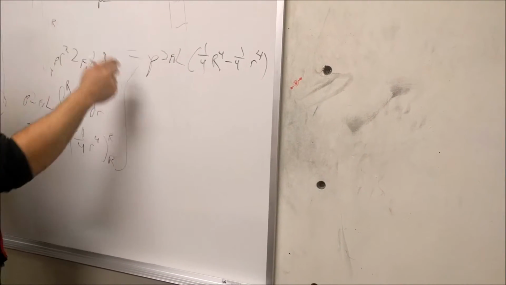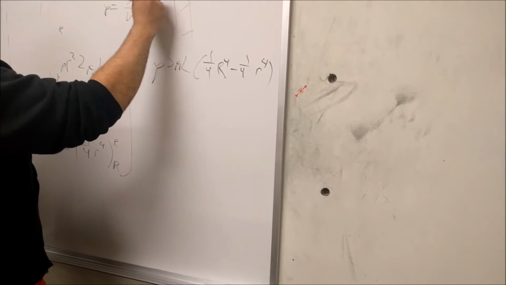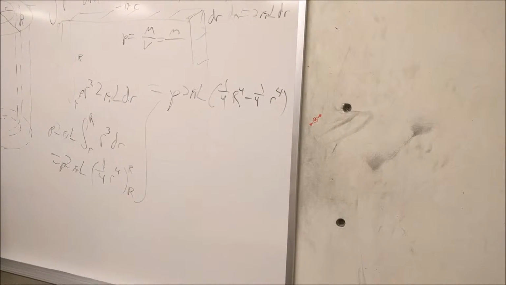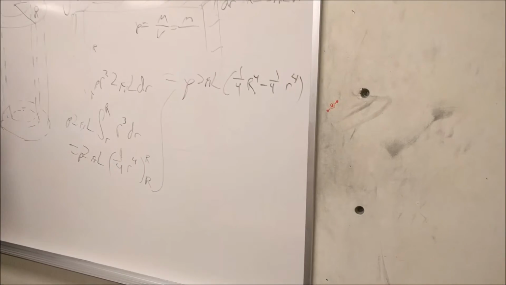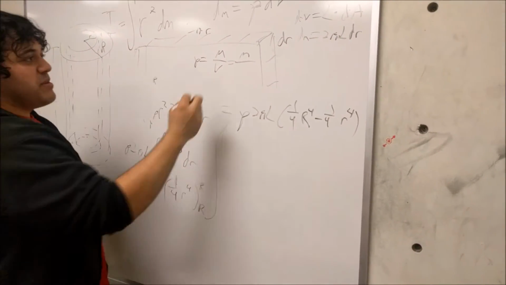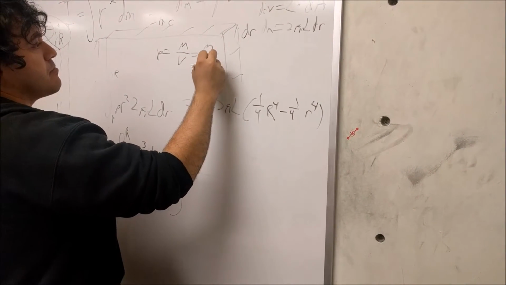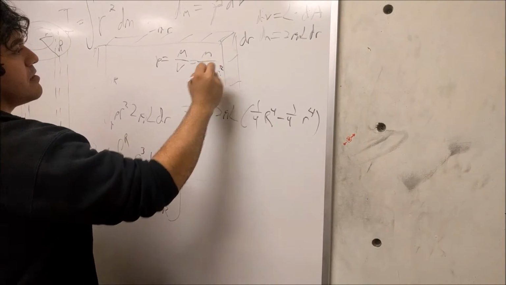So rho is equal to mass over volume, where this is going to be mass over the volume of our hollow cylinder, which would be simply the volume of the whole thing minus the volume of the inner cylinder. So that would be pi big R squared L minus pi little r squared L.